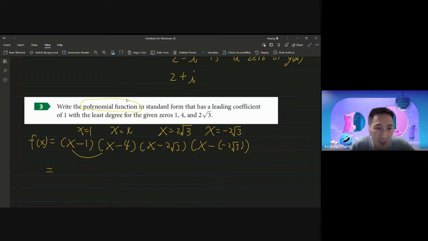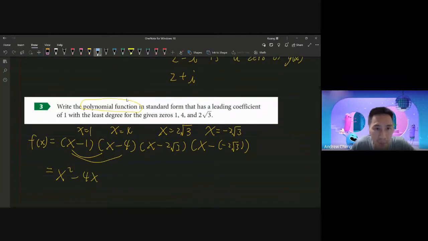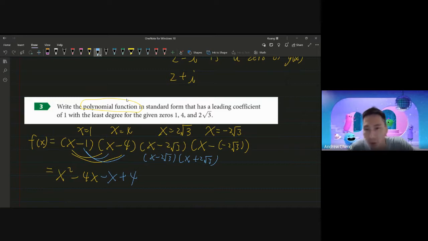So it will be x squared minus 4x, and then minus x plus 4. Here, this one becomes x minus 2 root 3 times x plus 2 root 3. We know a plus b times a minus b equals a squared minus b squared.